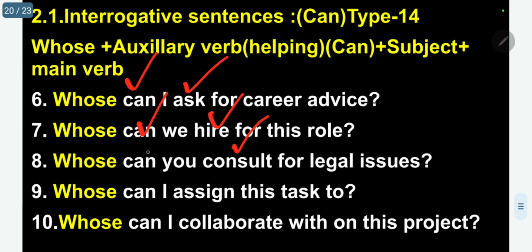Consult, main verb, can, auxiliary. Whose can I assign this task to? Assign, main verb, can, auxiliary. Whose can I collaborate with on this project? Collaborate, main verb, can, auxiliary.